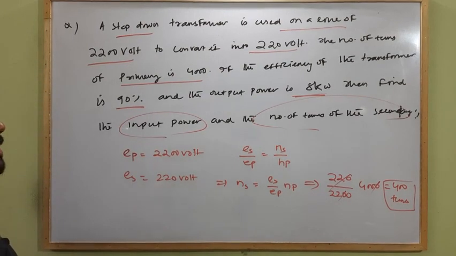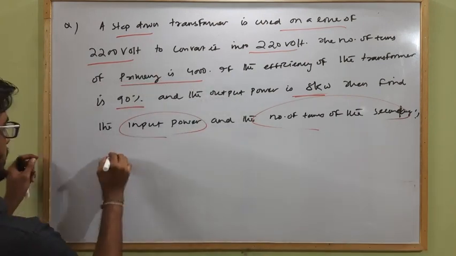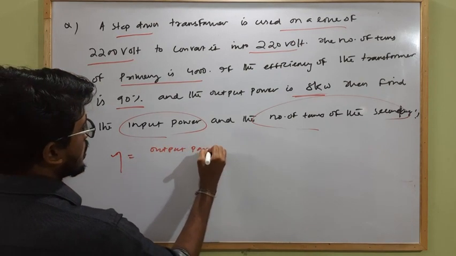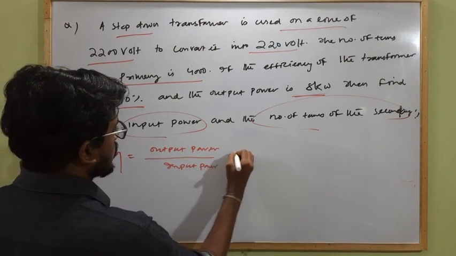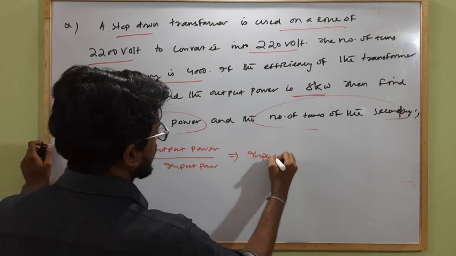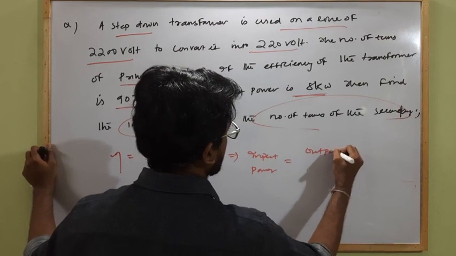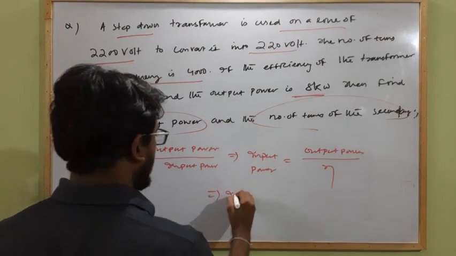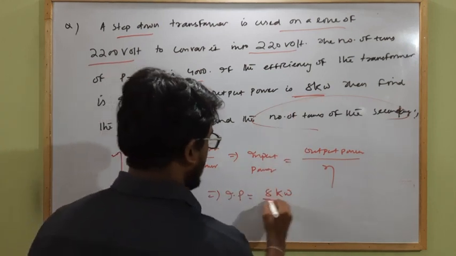Clear? Next we have to find out input power. As we know, the efficiency eta equal to output power divided by input power. So this implies input power equal to output power divided by efficiency. So input power will be equal to output power, which is 8 kilowatt, divided by efficiency.